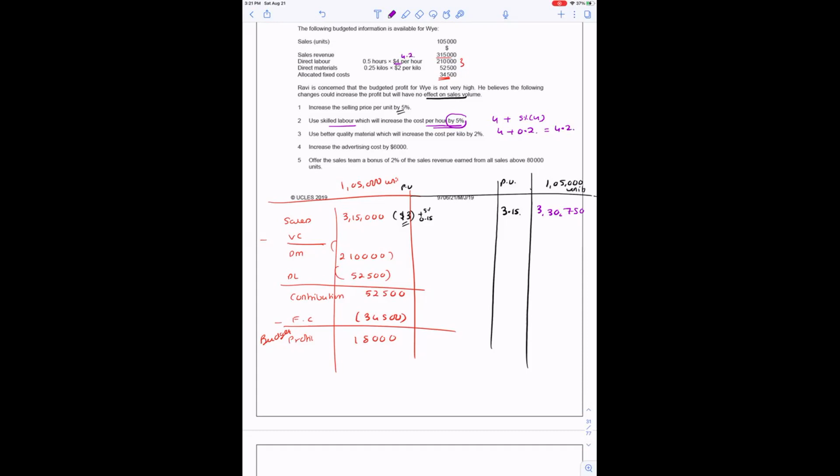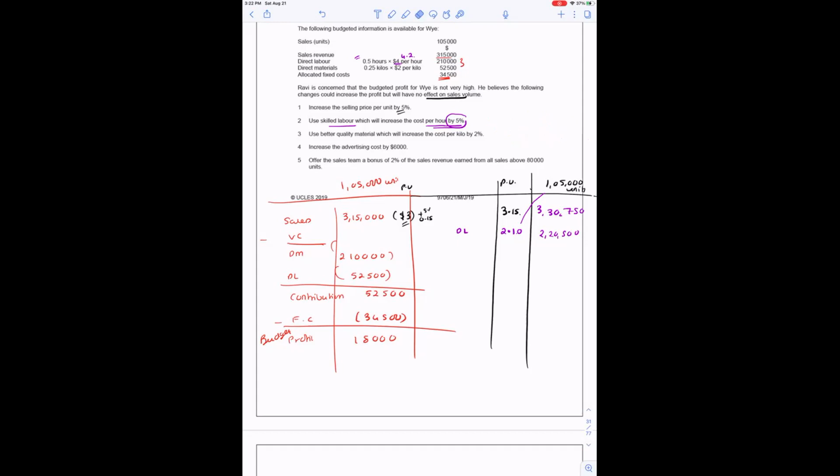Every unit needs 0.5 direct labor hours, so 0.5 into 4.2 gives 2.1 per unit. The direct labor cost is 2.1 into 1,05,000 units, which gives 2,20,500. This is direct labor.